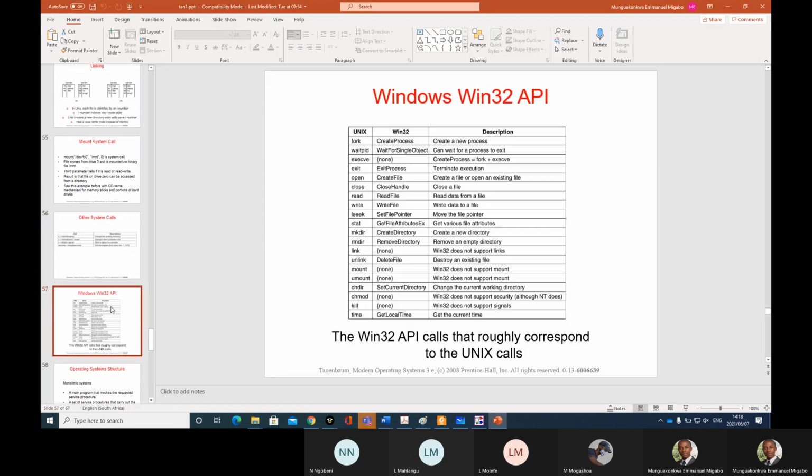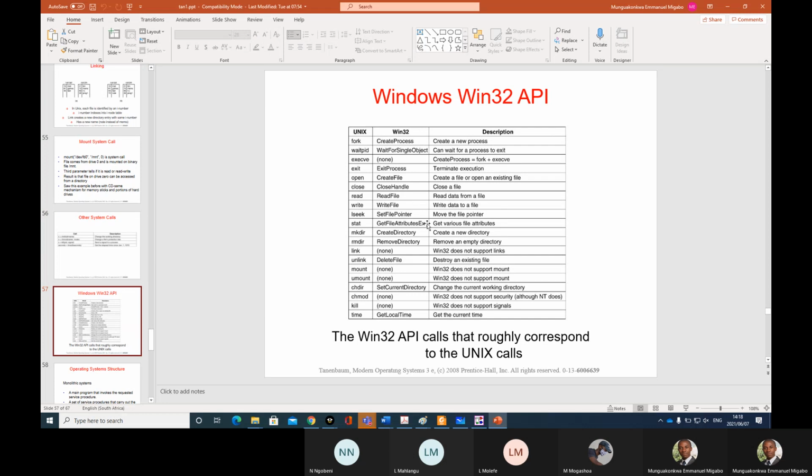So here is a list of some of the equivalent processes to the Unix processes we just learned when it comes to Windows. Fork on Unix is equivalent to create process on Win32, for example. When we say Win32, we refer to a Windows operating system with a word length of 32, because there's also Win64.